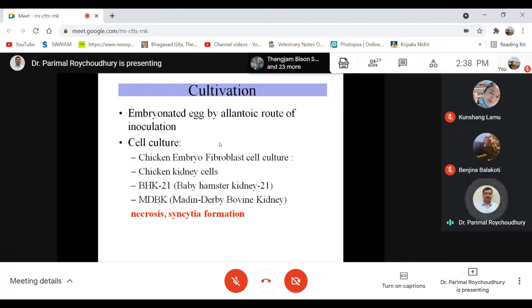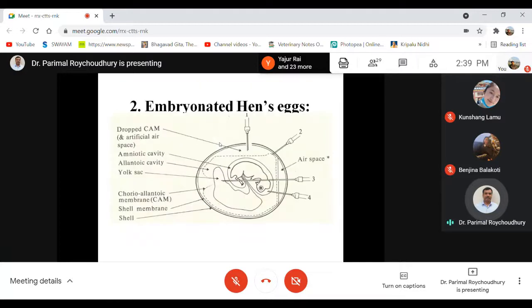Now, when you talk about the propagation of this virus in the laboratory for diagnosis or vaccine production, you'll find both cell culture and embryonic egg systems are available for propagation. So, in embryonic egg, we inoculate through different routes of inoculation. I guess this picture is familiar to you.